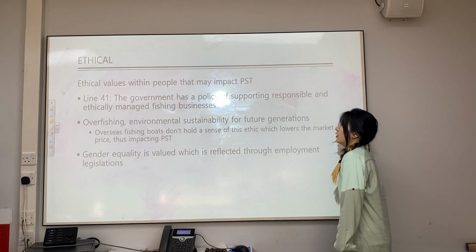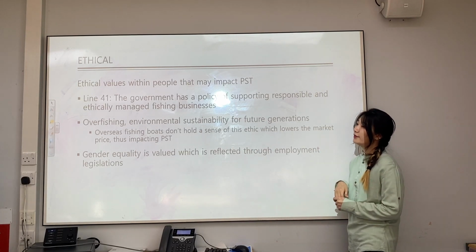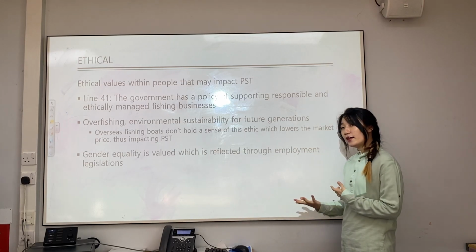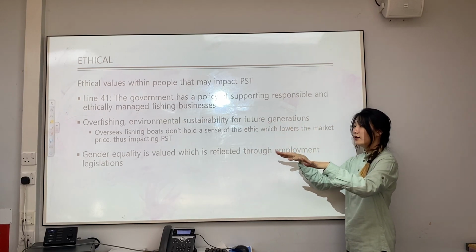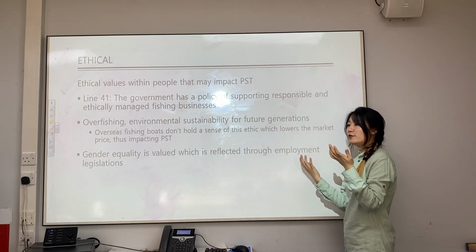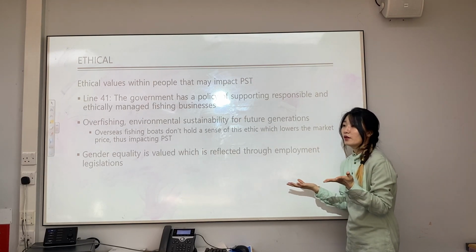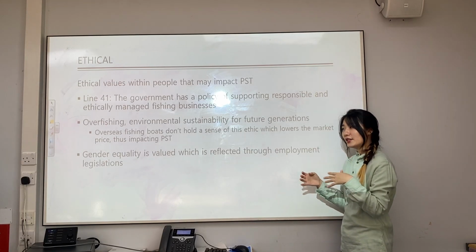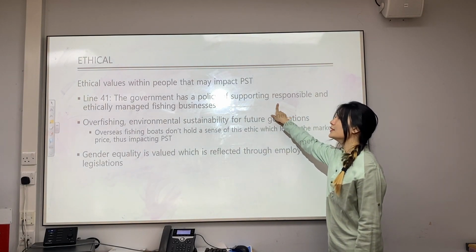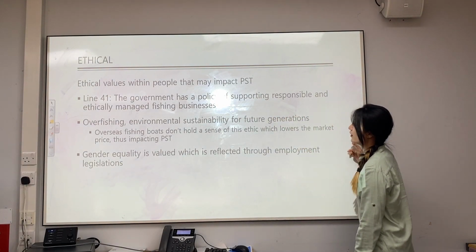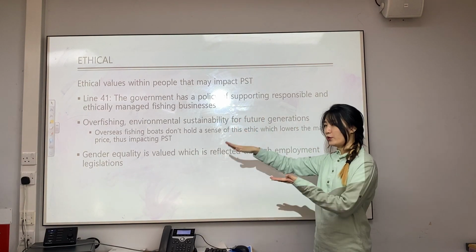Then we have ethical values. So what are some ethical values we see within the case study? It's not specifically said, but by the fact that the government is placing fishing quotas, tells us something about their values regarding overfishing, particularly maybe animals or sustainability for future generations. The government has a policy of supporting responsible and ethically managed fishing business, this being businesses that don't overfish.